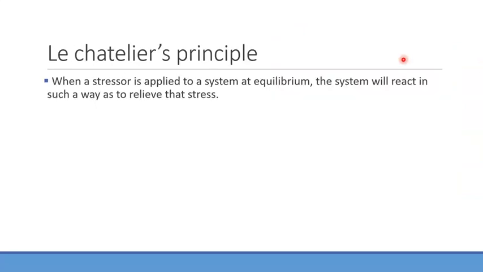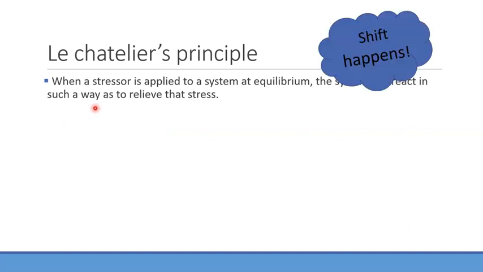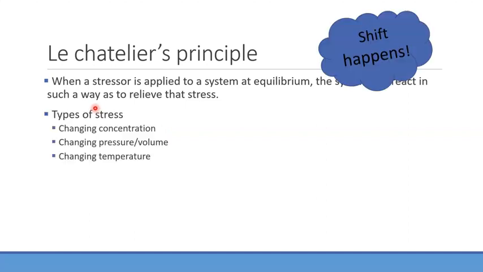This is in essence what Le Chatelier's principle states. When a stressor is applied to a system at equilibrium, the system will react in such a way as to relieve that stress. So one way of thinking about this is, will our reaction shift toward our reactants or products? We can abbreviate Le Chatelier's principle as "shift happens."